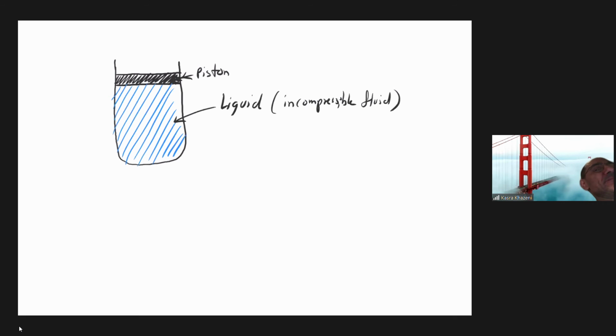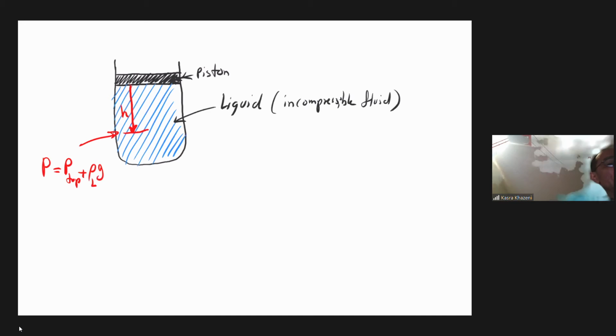All right. Now, we just did that, at some height h, pressure is equal to pressure on top plus rho of the liquid g h. We just proved that.